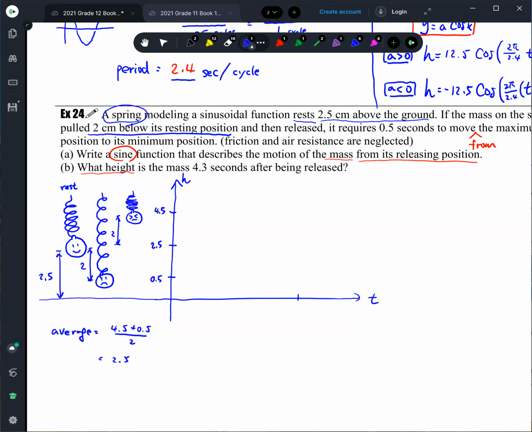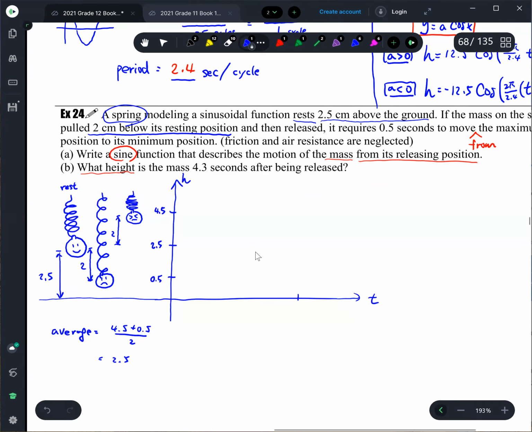Okay, we need to know the period. Anyone got the period? Period means the time, right? How long it takes for one complete trip, right? From lowest to highest back down, or highest to lowest back up, right? A complete circle, round trip.